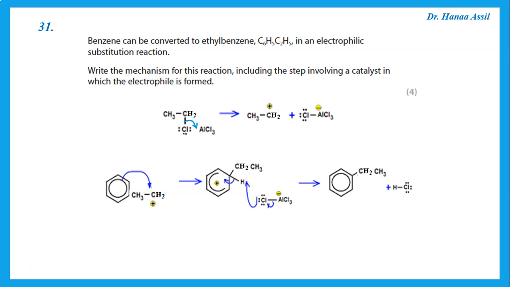So now our products are the ethyl benzene and HCl, and we regenerate the aluminium chloride catalyst. This is the basic mechanism for electrophilic substitution of benzene ring. Please learn this. We usually start with a species that has a chlorine on it. Then the catalyst removes the chlorine to form a positive electrophile, which is attacked by the electrons from the benzene ring.